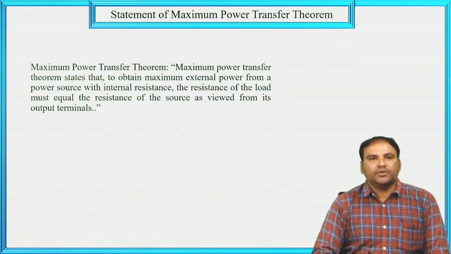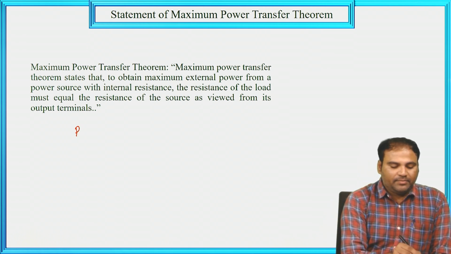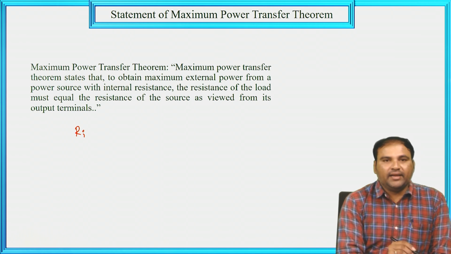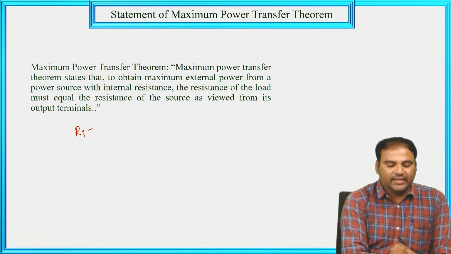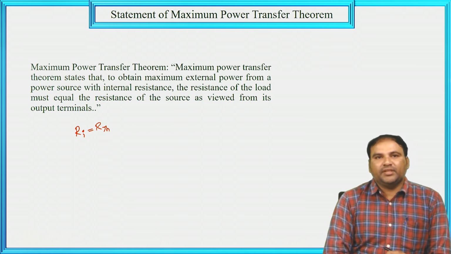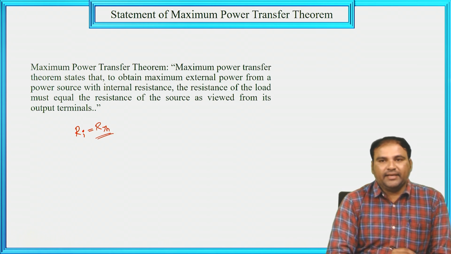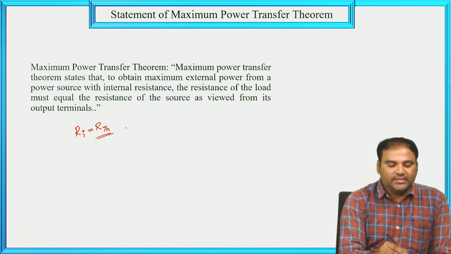Here I am taking the internal resistance as Ri, which is nothing but Thevenin's resistance, RTH, and the load is RL.